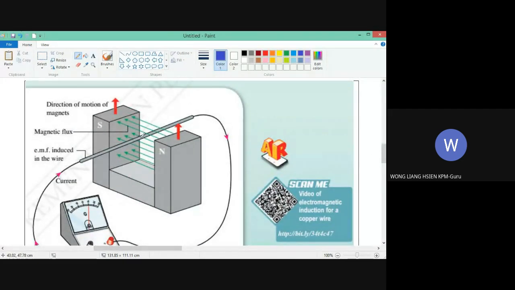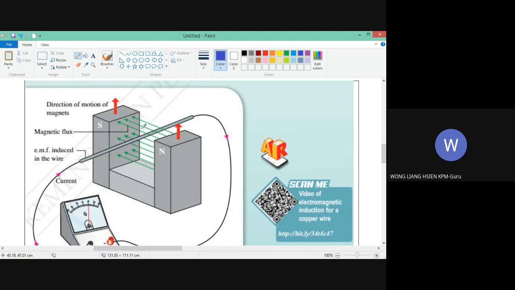The wire is not moving. So if we think logically, we will see that actually the effect is the same. It doesn't matter whether the wire is the one that moves or the magnet is the one that moves. The effect is the same. The conductor will cut through the magnetic flux, right?